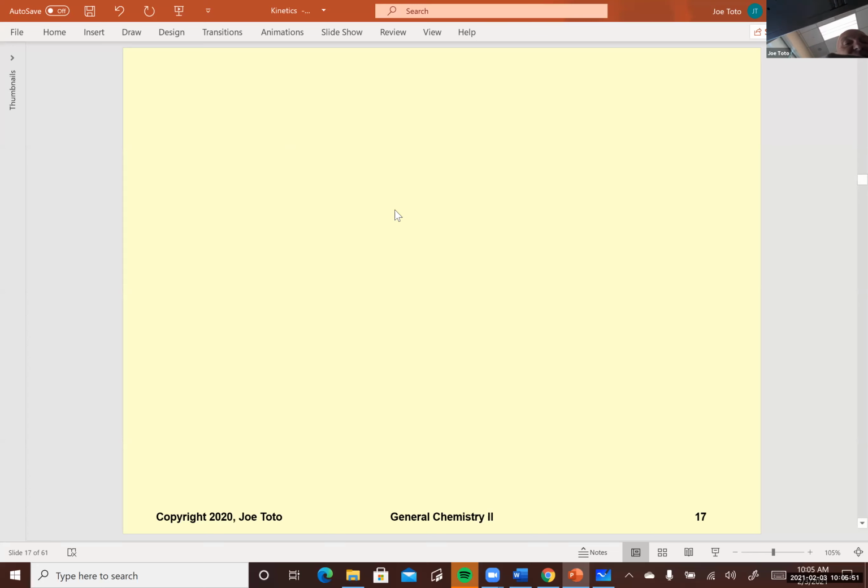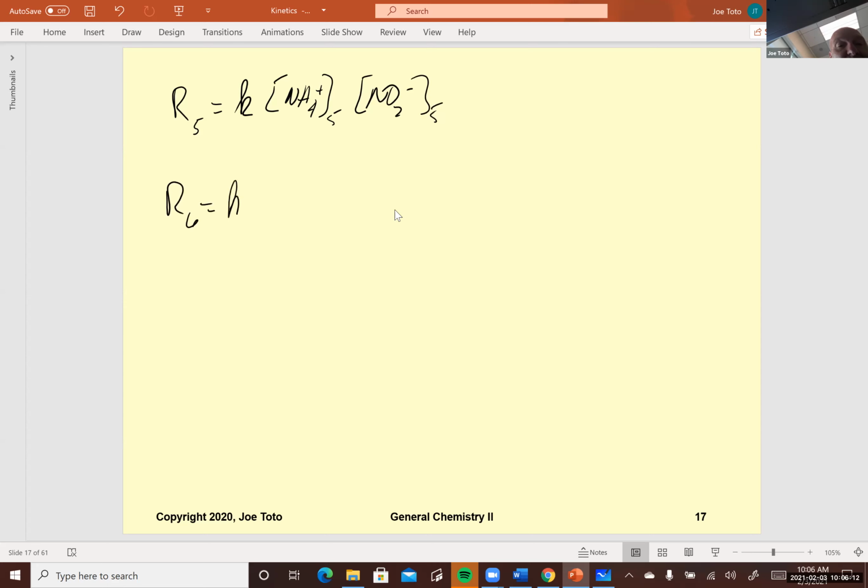Now, that was like 5 and 6, I think. So I have the rate of 5 equals K times ammonium in 5, nitrite in 5, and then R6 equals the same form. You see, we get the same form because we're looking at the same reaction. Now, what's the difference between 5 and 6?